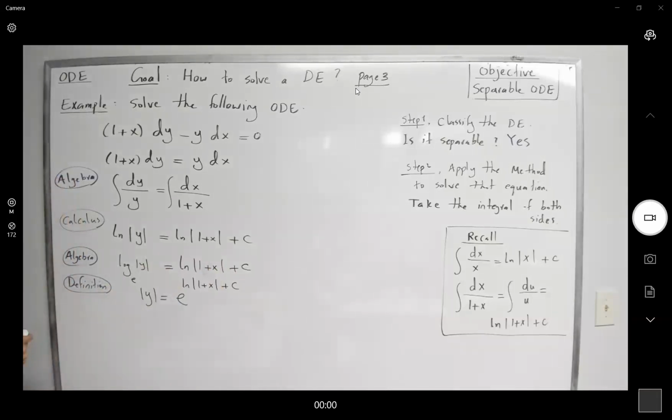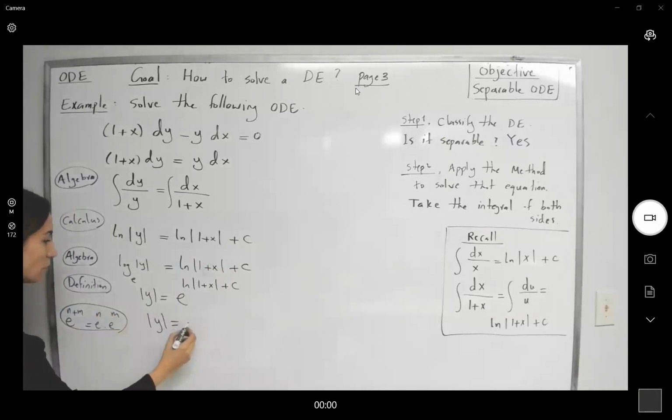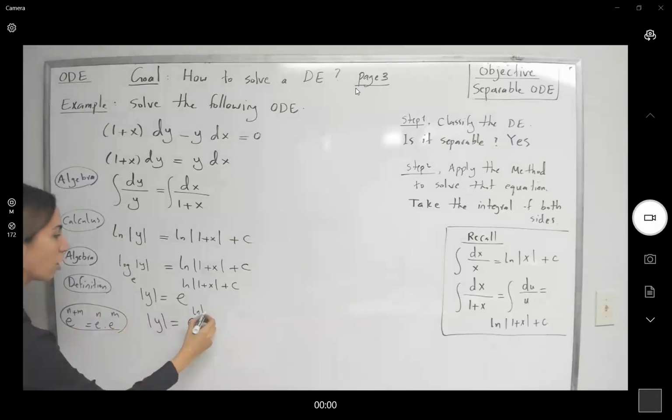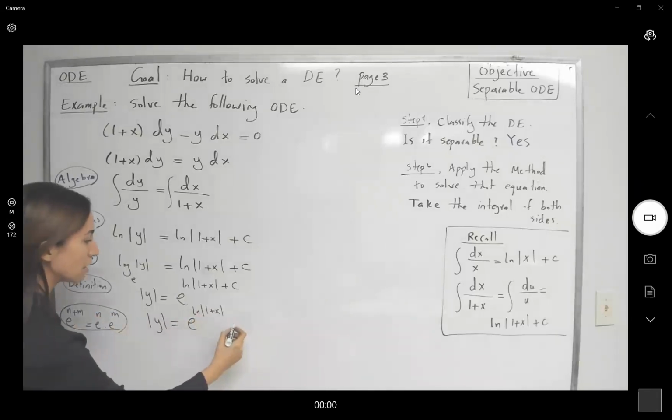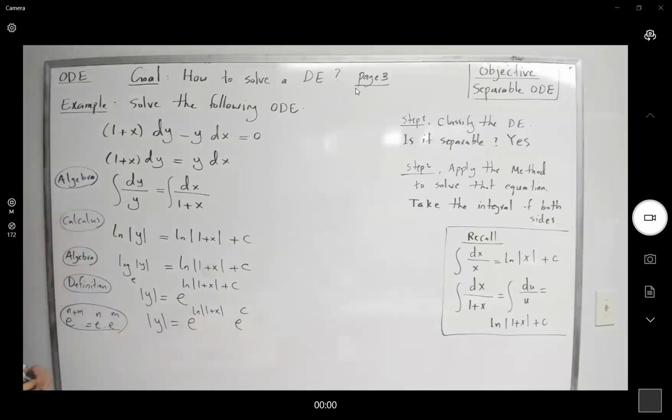If I have exponent e to the power n plus m, this is e to the n times e to the m. Very well. So absolute value of y is equal to e to the power ln of 1 plus x times e to the power c. But at the same time, we know that e and ln are inverses of each other. They cancel out each other.